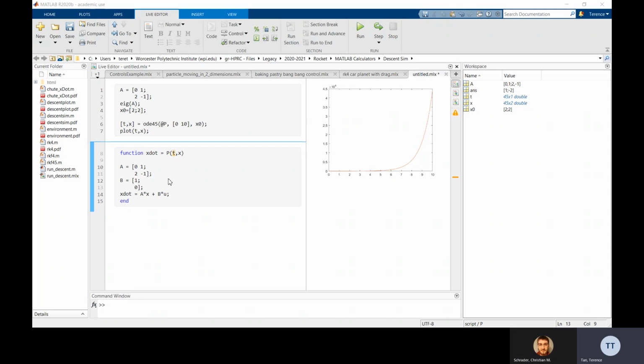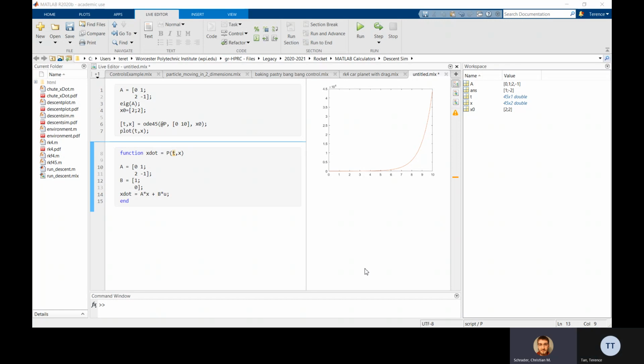I don't really understand, but I'll take your word for it. So, just to try and explain it a little better, if you wanted it to go to the point 1, 1, that's your reference signal.